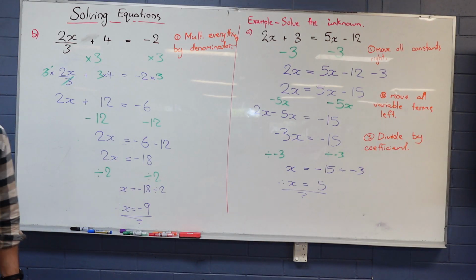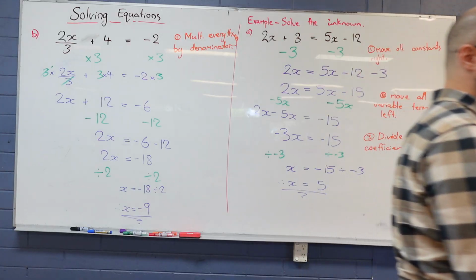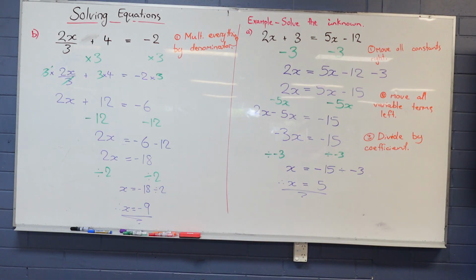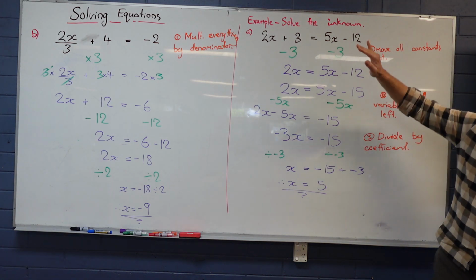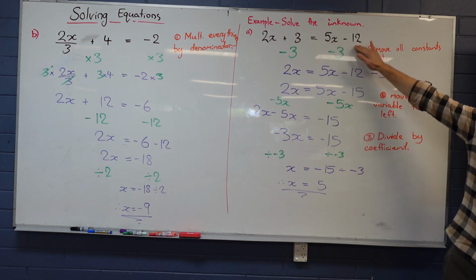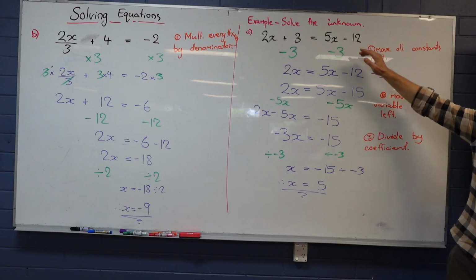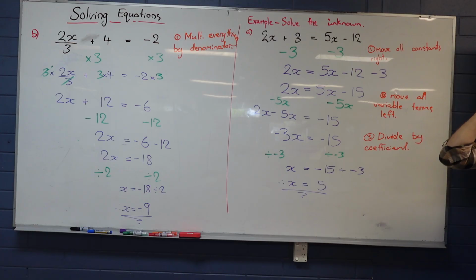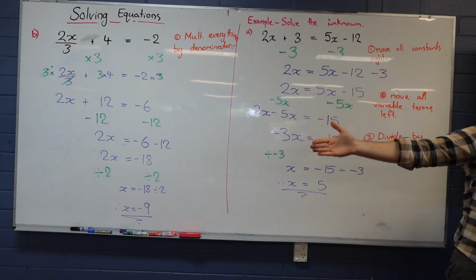So today we're going to learn how to solve for the unknown in linear equations. The way this is done is we look at our equation, and if it's a flat one, so there are no fractions, we start off by moving all of our constants to the right. We then move all of our variable terms to the left.